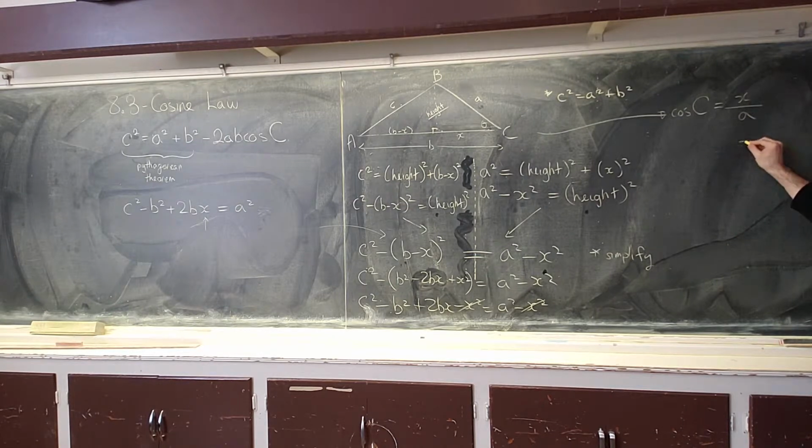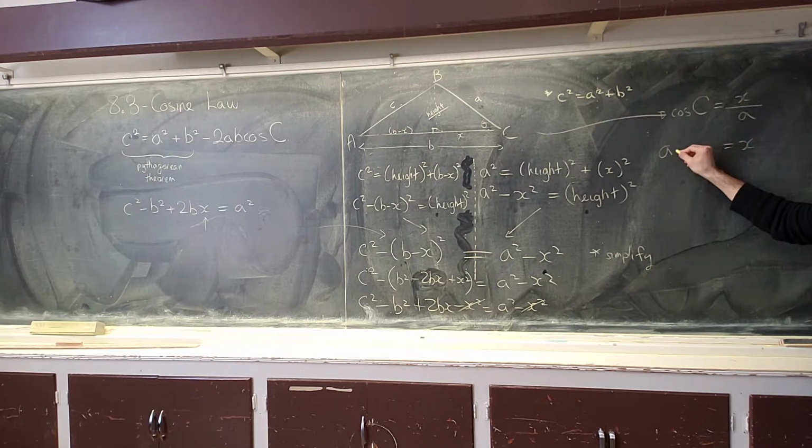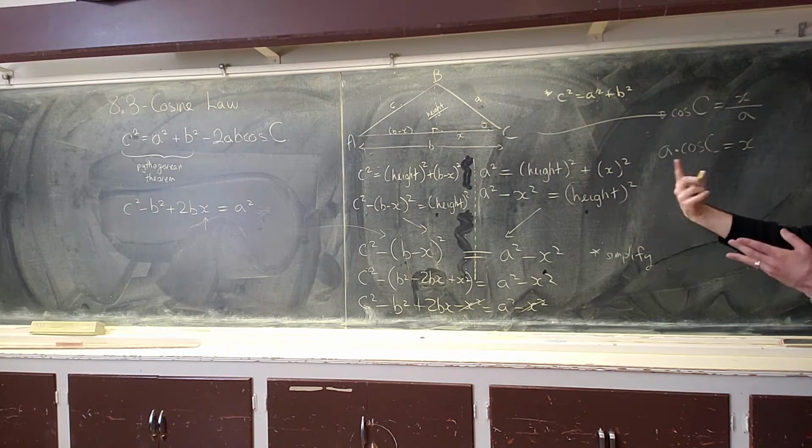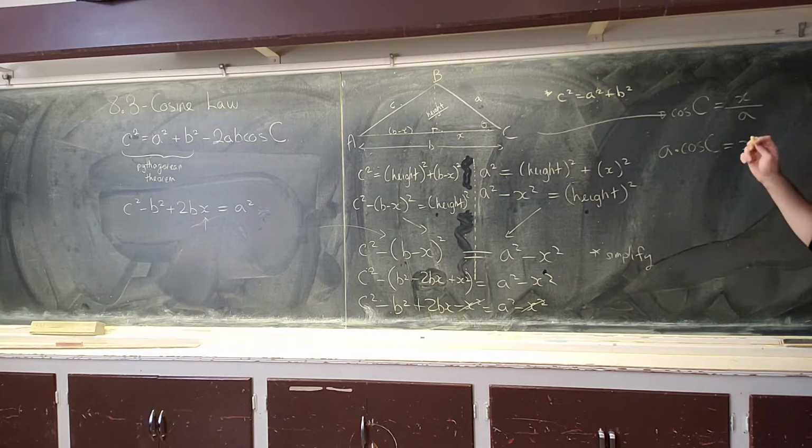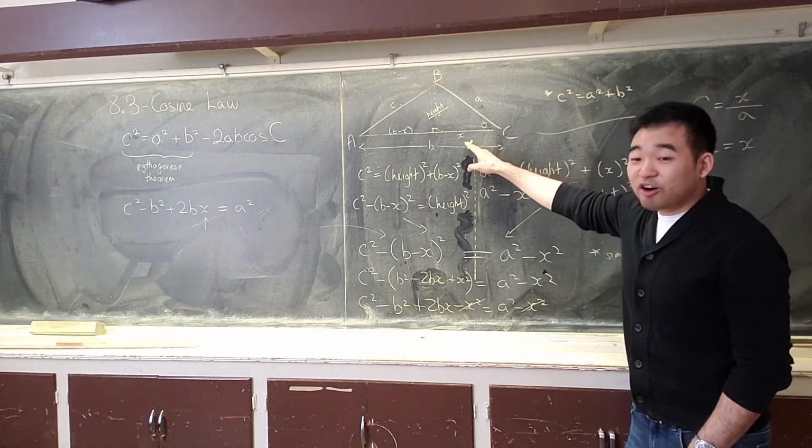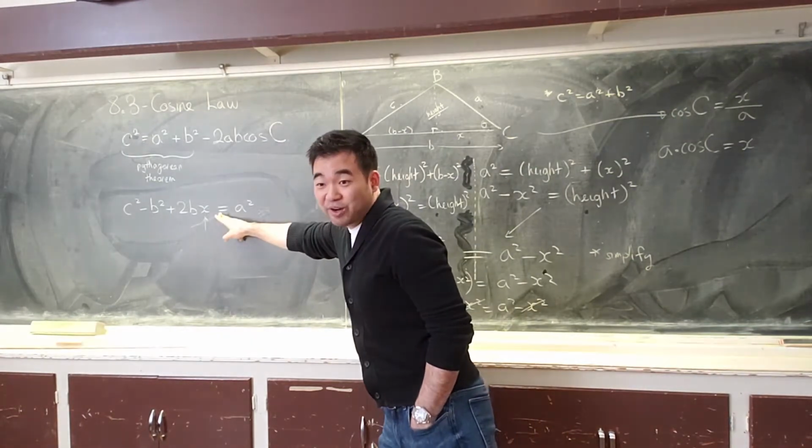Which means x is a multiplied by cosine C. Why can't we do opposite? I could, but the whole point is I'm trying to make it easier on myself. This is where someone's like, hey, wait a minute. I want to involve the x because that's what I want to get rid of.